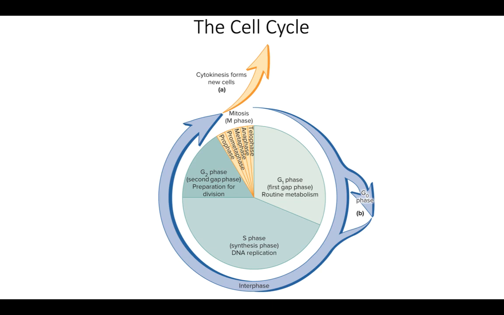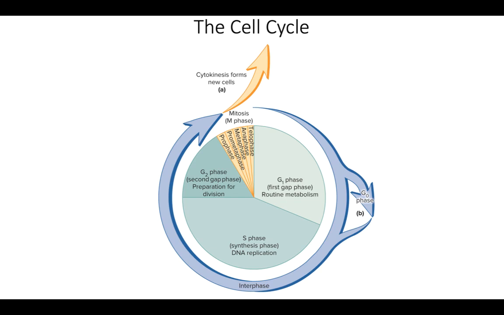Now, some cells can't, like a neuron, for example. A neuron loses its ability to mitose. It can no longer divide. That's why you have to be nice to your neurons. They're the only neurons you're going to have. Neurons are what we call post-mitotic or amitotic. It means they're no longer able to divide.